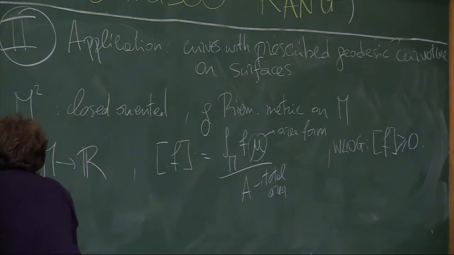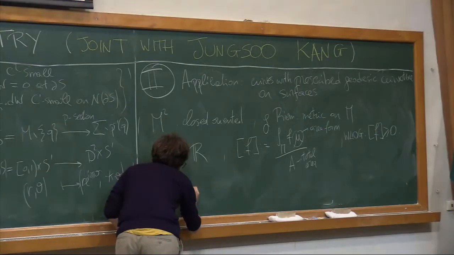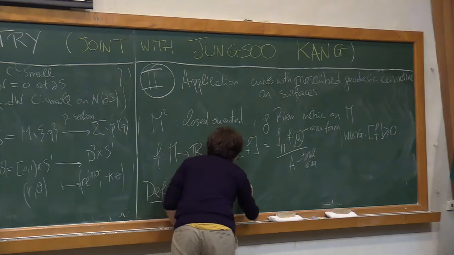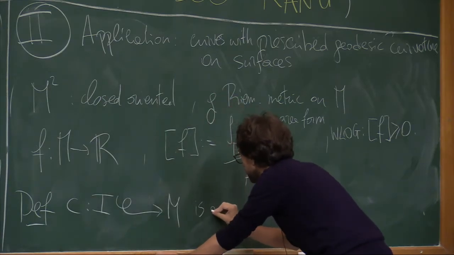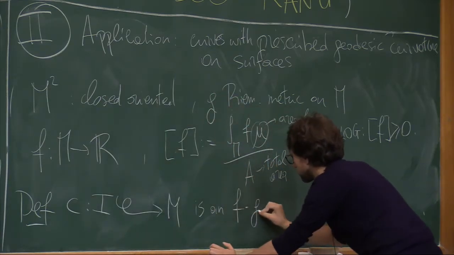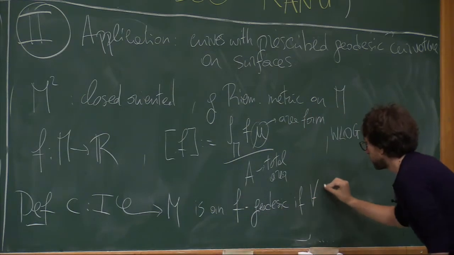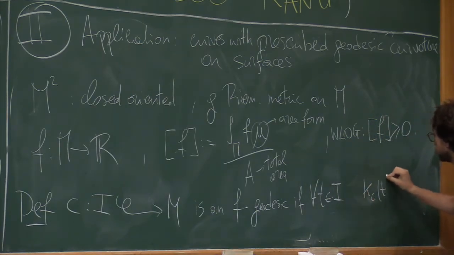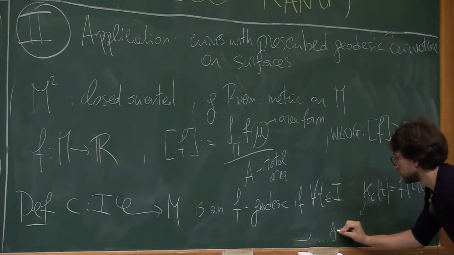And then I can define the set of curves I'm interested in. So c, this is a curve from an interval into M, which is an immersion. This is called an f-geodesic if for all times in the interval, the geodesic curvature kappa_c at time t is equal to f at the point c(t). Now this is here just the geodesic curvature.